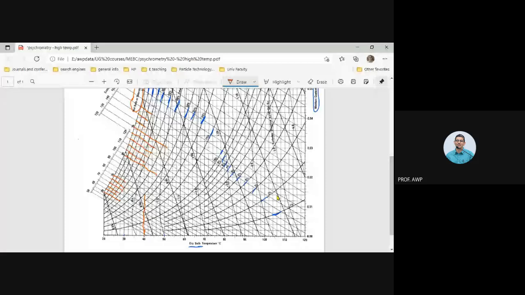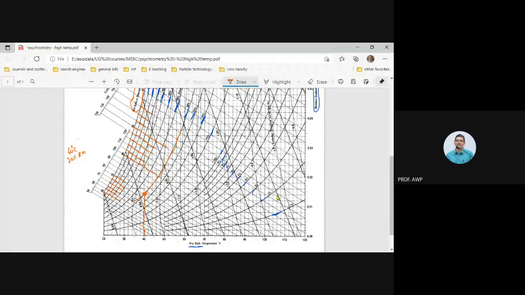Yes, this is our 30% RH. So if I say that dry bulb temperature is 40 degrees centigrade and 30% RH, that means we are on this point. Do you agree? Yes or no?